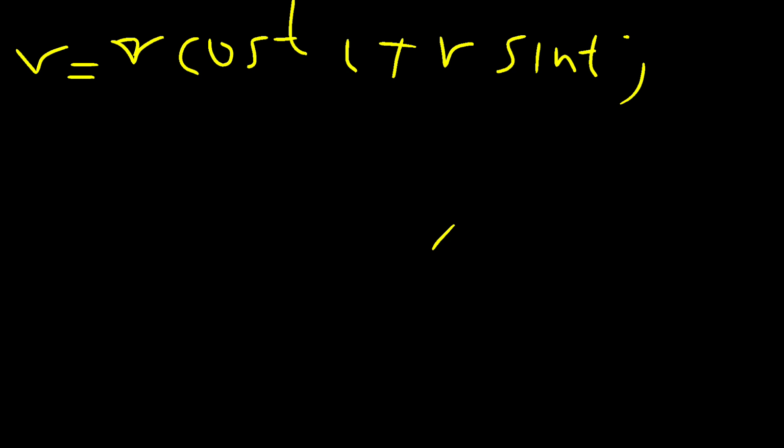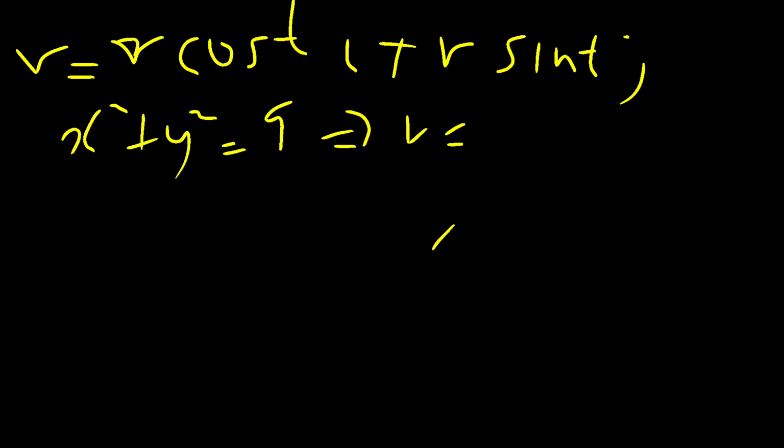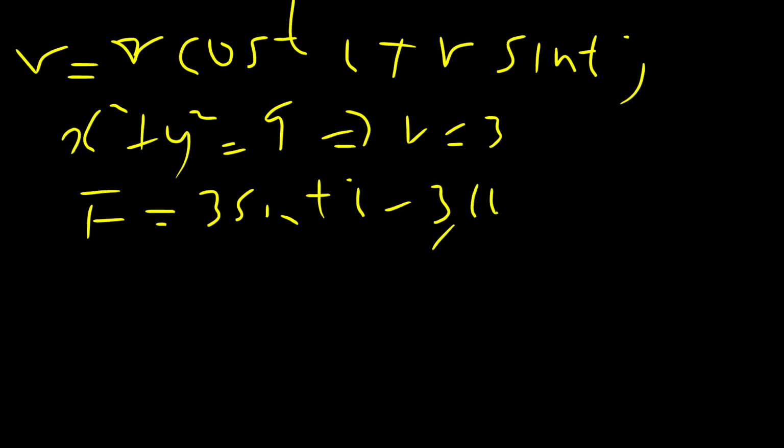From what you are given here, we have the circle x squared plus y squared equal to 9, which indicates that r is actually 3. So our F can be written as 3 sin t i minus 3 cos t j, and now I can get dr.